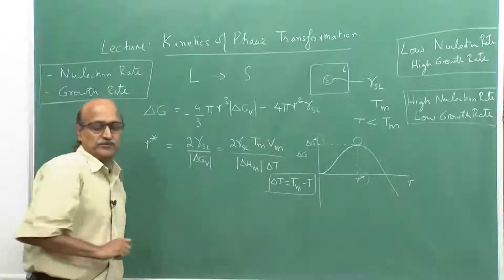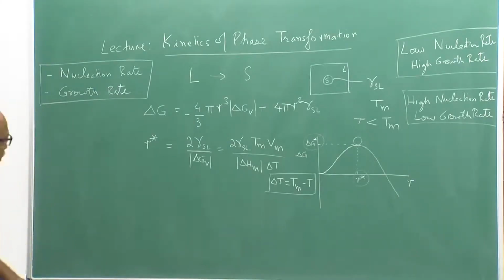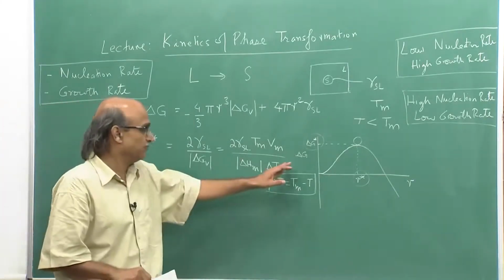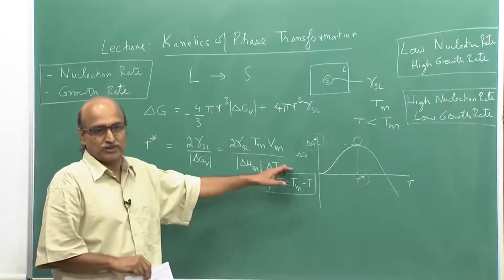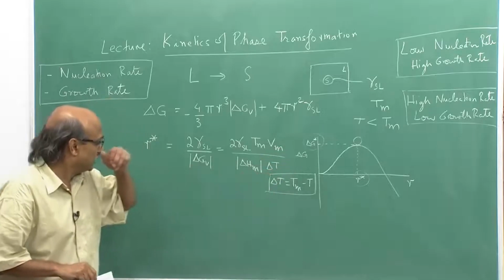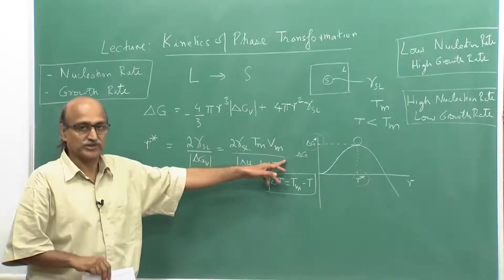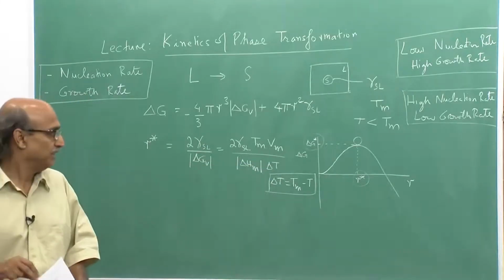This particular relation has already been derived in the previous lectures. So, if you have any doubt at this point of time, you may like to review some of the previous lectures to clearly see how this relation came.